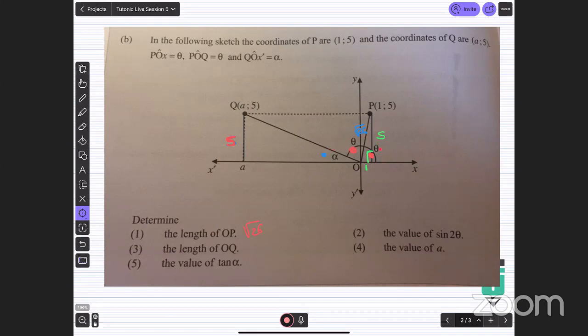What's the definition of sine? Opposite over hypotenuse. So what's the opposite in this one? It's 5, right?